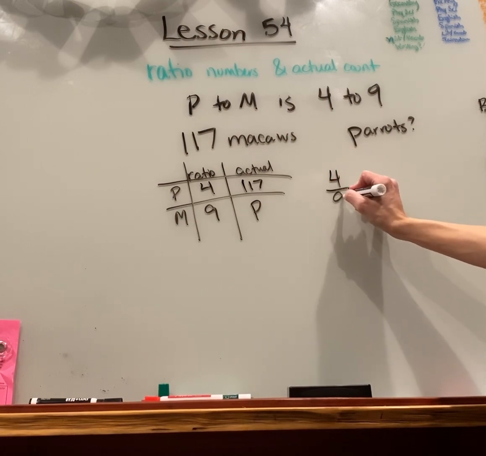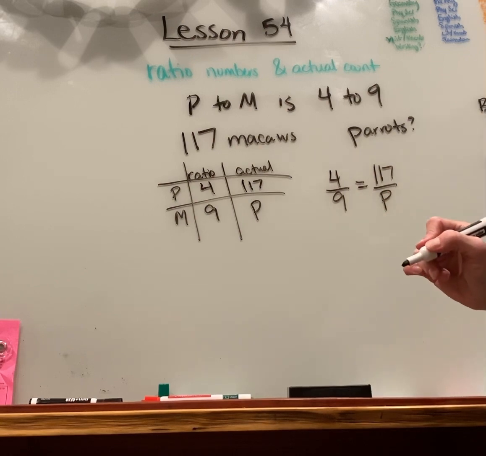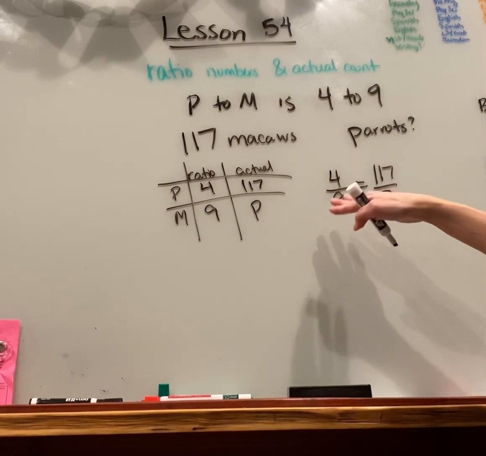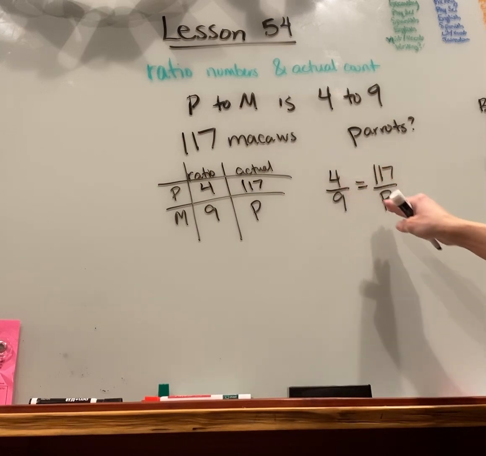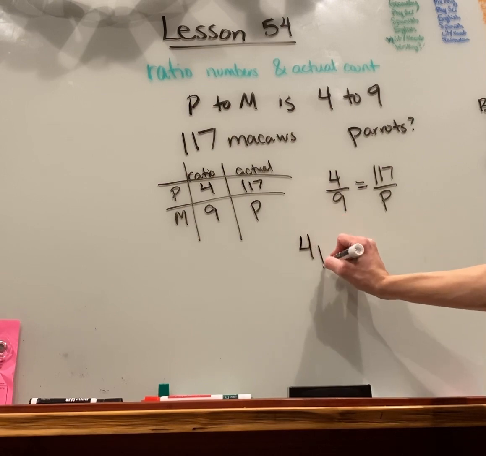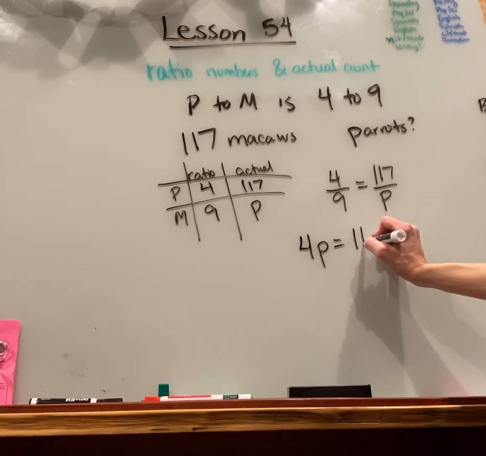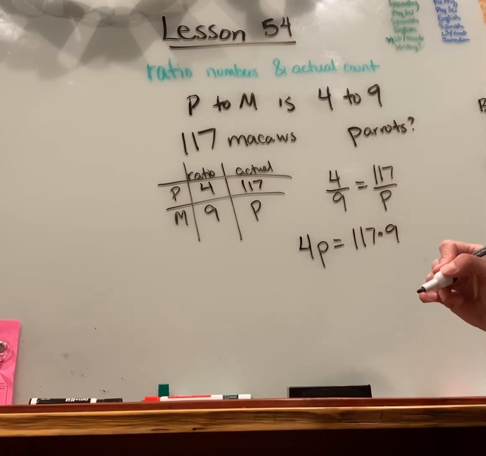So 4 over 9 is equal to 117 over P. And I proved before how the cross multiplying works, but we can go straight to just multiplying across and across. So 4 times P is equal to 117 times 9.